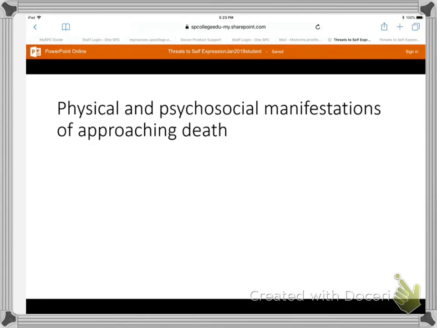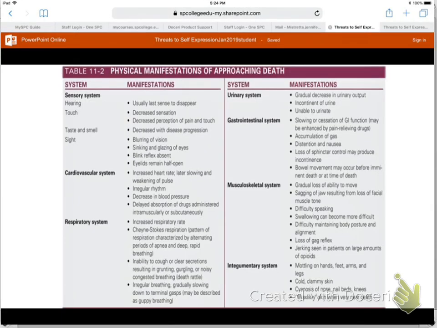So when we talk about physical and psychosocial manifestations, we're going to look at this chart. This is from one of the older books, so it's not table 11, 12 in yours. It's going to be a different table in your 10th edition, I think, unless I changed it out. Hearing, last sentence to go, right?